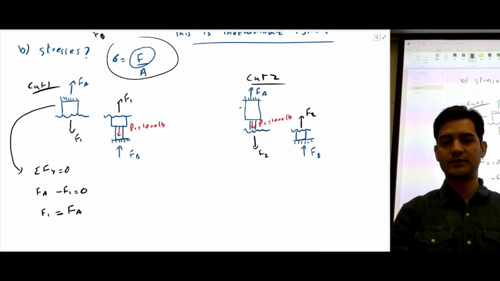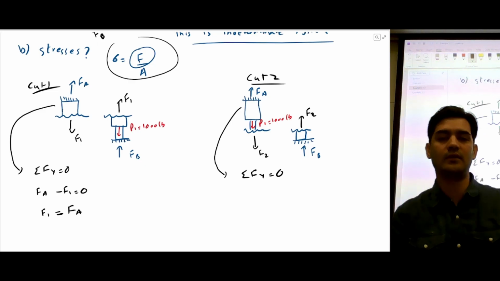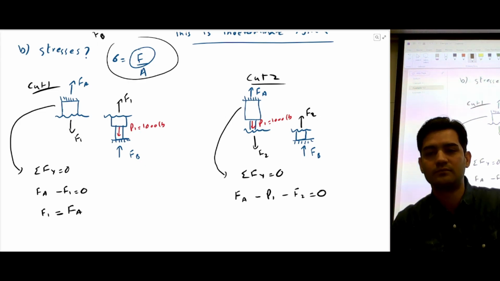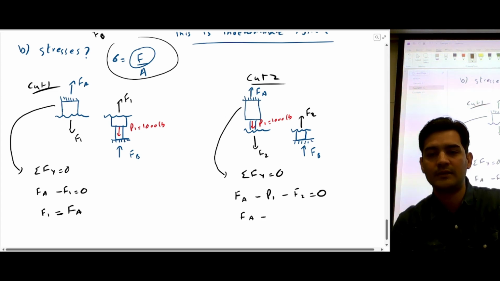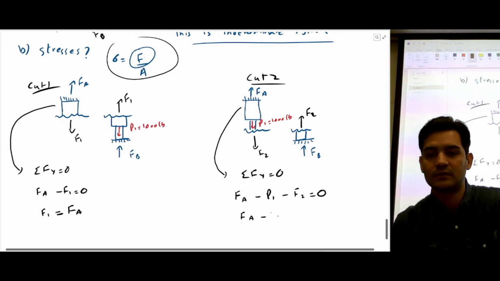In this, let's use this part of the section and do summation of forces along y-axis equal to 0. So you have FA minus P1 minus F2 is equal to 0. This load is 1000 and this is F2.